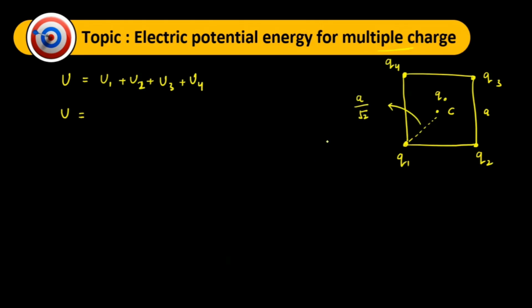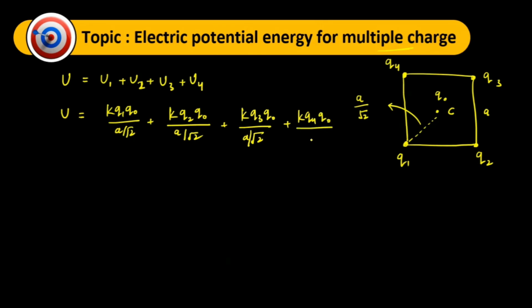So if we write the sum of potential energies due to all the charges, it is going to be K Q1 Q naught over A by root 2 plus K Q2 Q naught over A by root 2 plus K Q3 Q naught over A by root 2. And at last, K Q4 Q naught over A by root 2. If we solve this, we get the potential energy for this particular system to be K Q naught root 2 times by A into Q1 plus Q2 plus Q3 plus Q4.